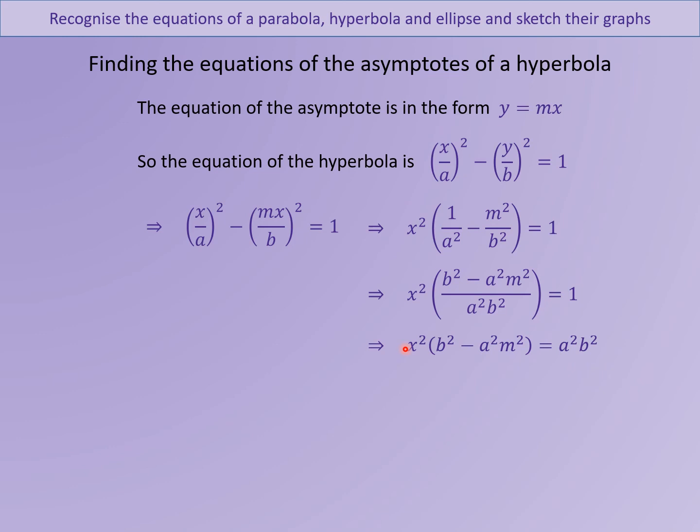Now, because a square number will always be positive, we know that x squared and a squared b squared will always be positive. So therefore, if we have a positive number multiplied by something equals another positive number, we can conclude that this thing must also be positive.